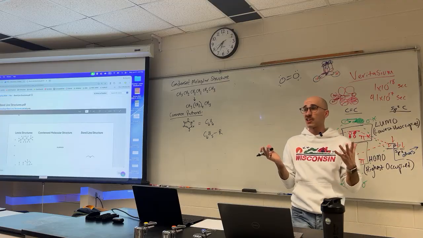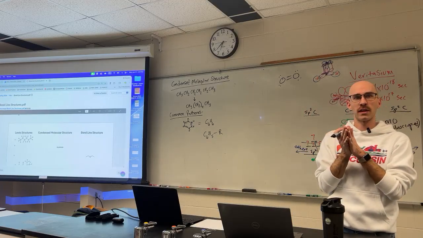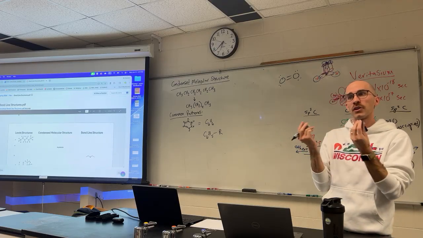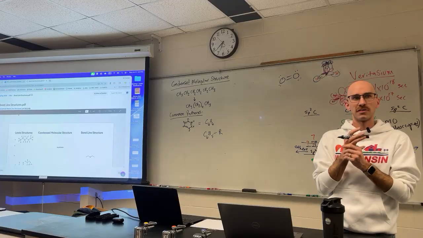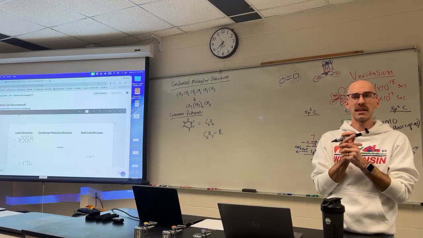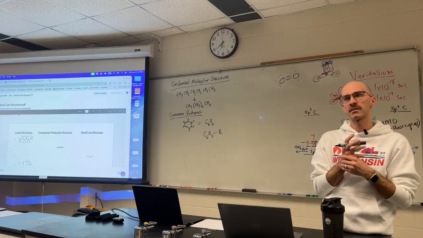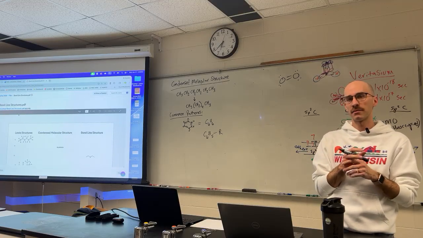So C6H5 is a common condensed molecular structure that you'll see for this ring. I want you to get familiar with it because you will see it throughout the semester. There's actually another way that we represent it, and we're going to come back to it in section 3 after our first unit test. But we'll use some letters to help abbreviate it.